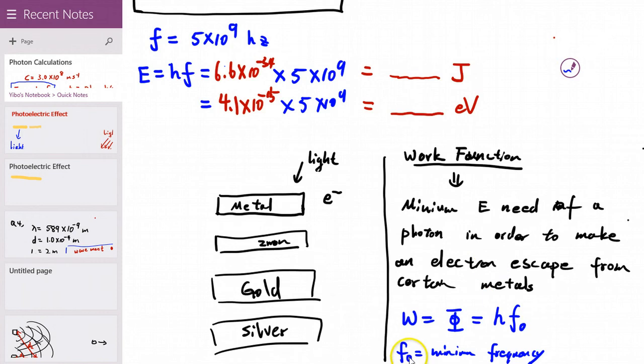The minimum frequency is different for different metals.